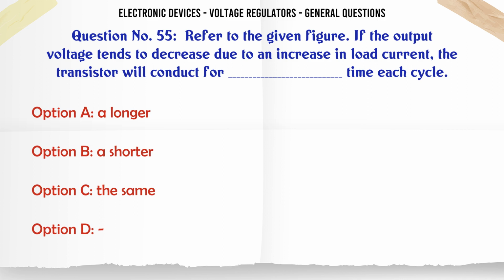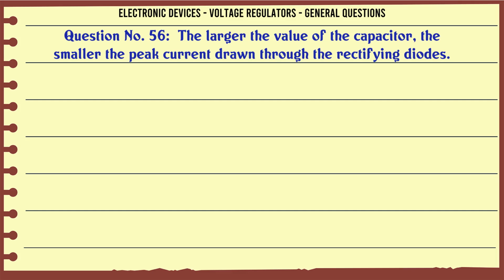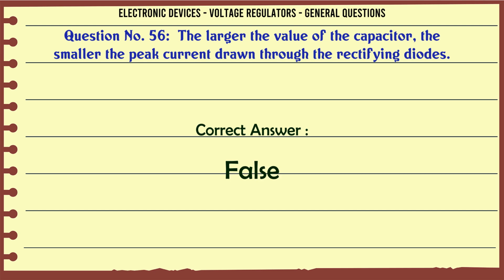A. Longer, B. Shorter, C. The same, D. The correct answer is longer. The larger the value of the capacitor, the smaller the peak current drawn through the rectifying diodes. A. True, B. False, C. D. The correct answer is false.